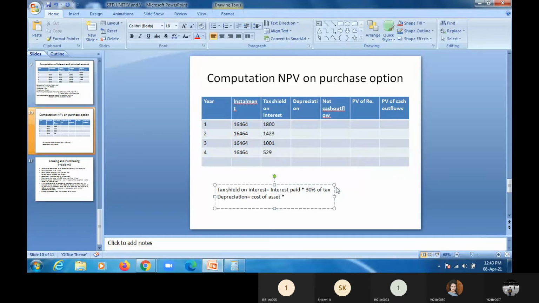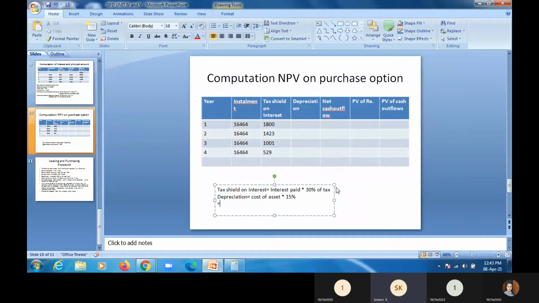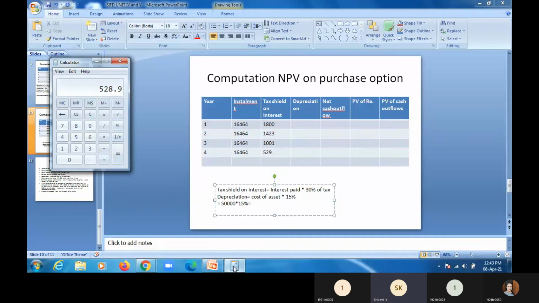It is 15%, no? The cost of asset is 50,000 into 15%.